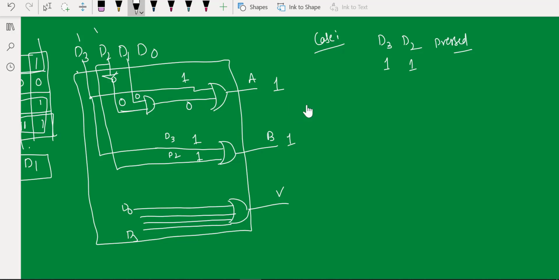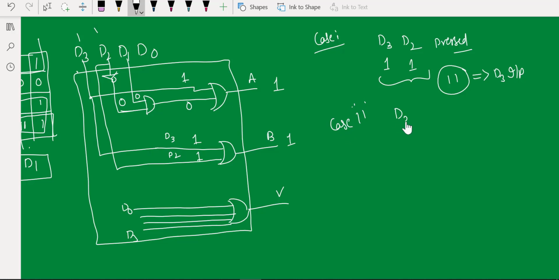That means you are going to produce output 1 1, which is the output of D3 input. That means when you press D3 and D2, it is still producing 1 1 output. This is related to the D3 input. That's how your priority has been decided.